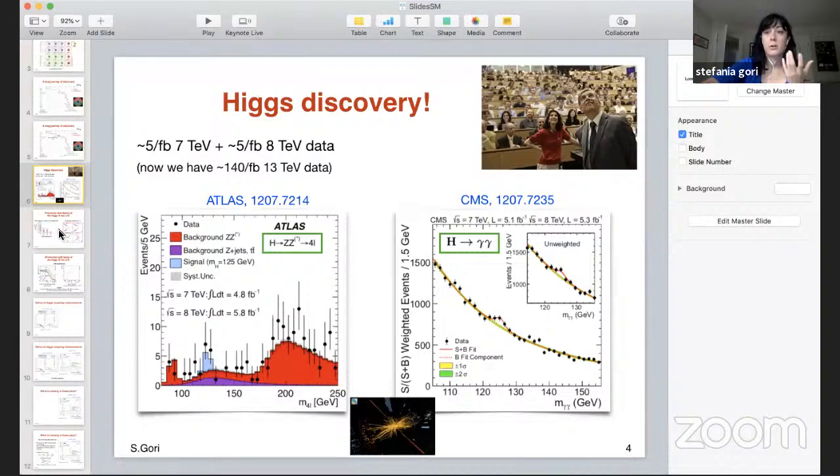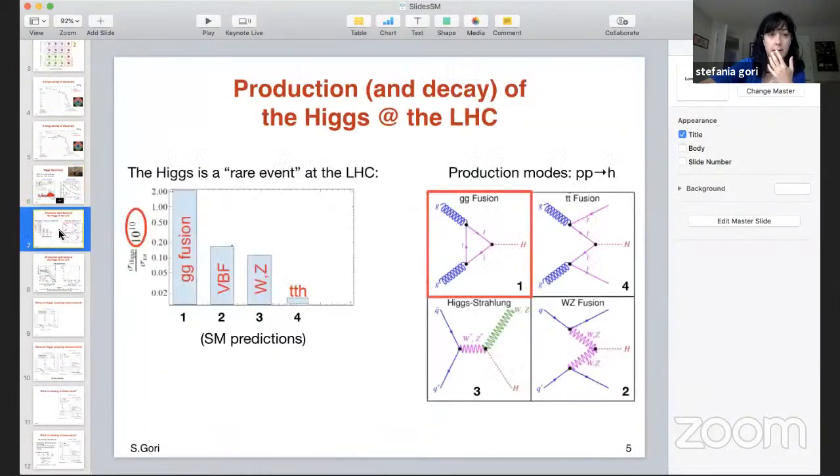So what is the phenomenology of the Higgs at the LHC? Let's discuss a little bit the production and the decay of a Higgs particle at the LHC. First, I want to mention that at the LHC we are colliding protons, and the production of the Higgs is a very, very rare event, in the sense that we really need many proton-proton collisions in such a way to produce a Higgs boson.